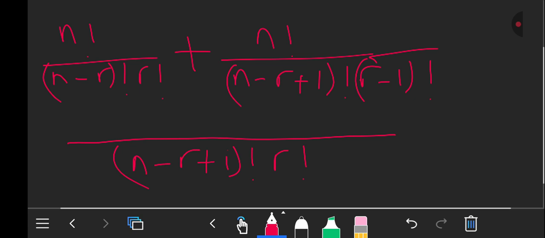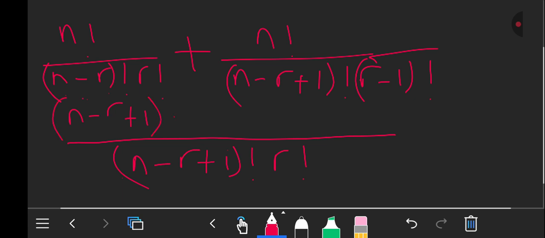Okay, so we're going now to say n minus r factorial into this. You see, r factorial and r factorial will cancel out. So what we are simply saying is n minus r into n minus r plus 1. As we did in the previous question, this is the same as just n minus r plus 1 without a factorial.